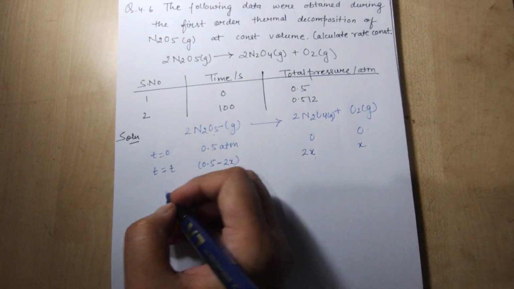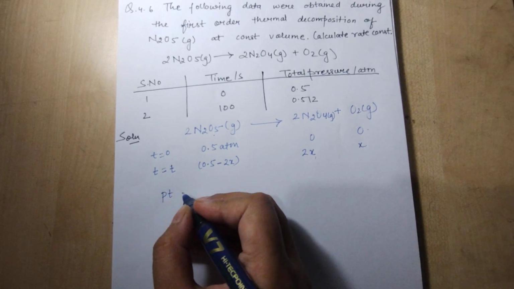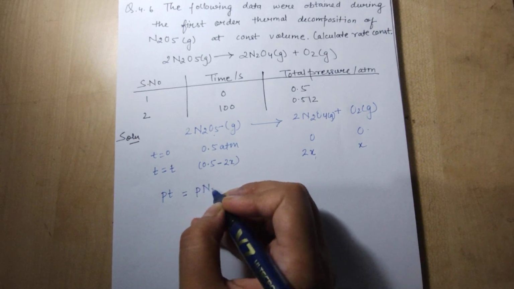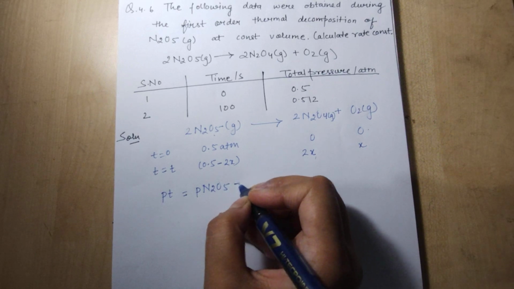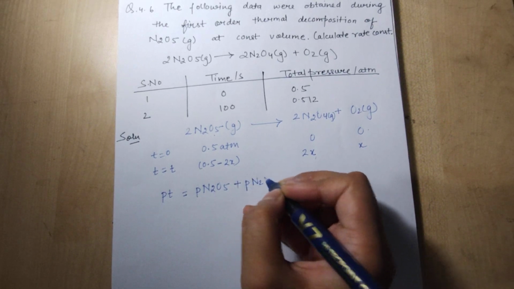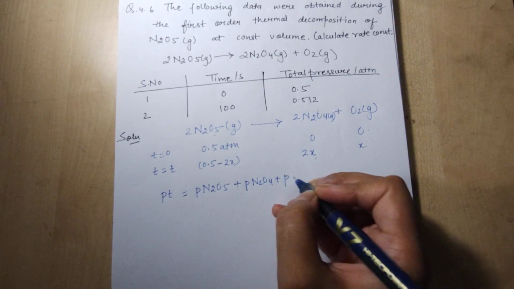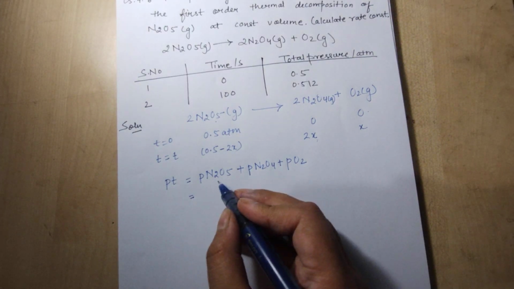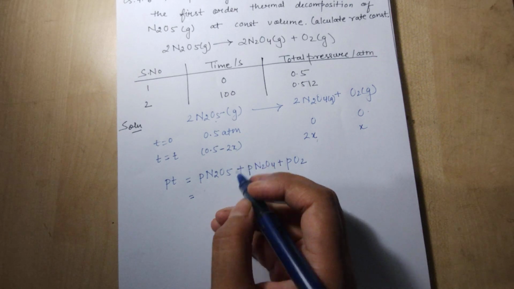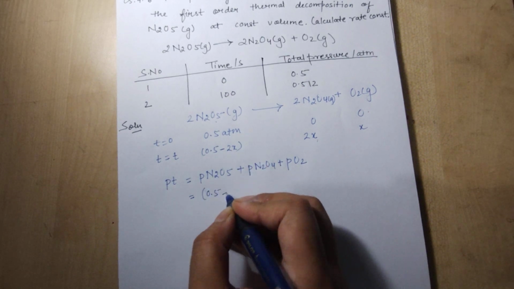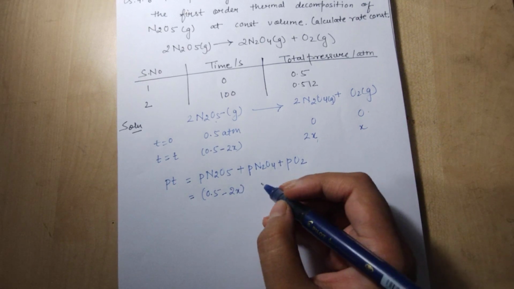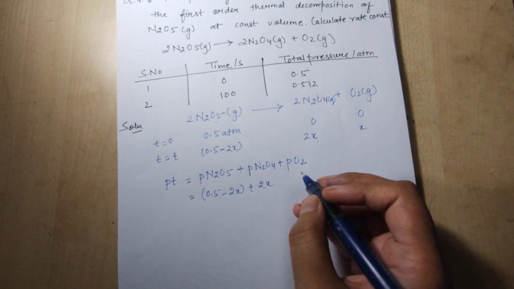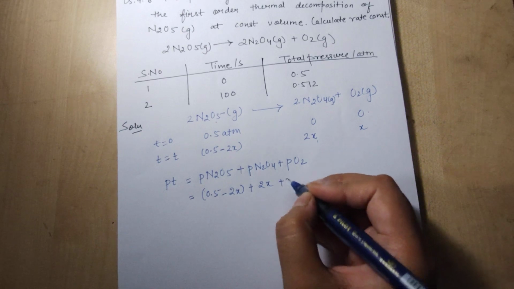Now total pressure will be denoted PT, equal to the sum of the pressure of N2O5 plus the pressure of N2O4 plus the pressure of the oxygen molecule. Here the pressure of N2O5 is given as 0.5 minus 2x, and here 2x is given and here x is given.